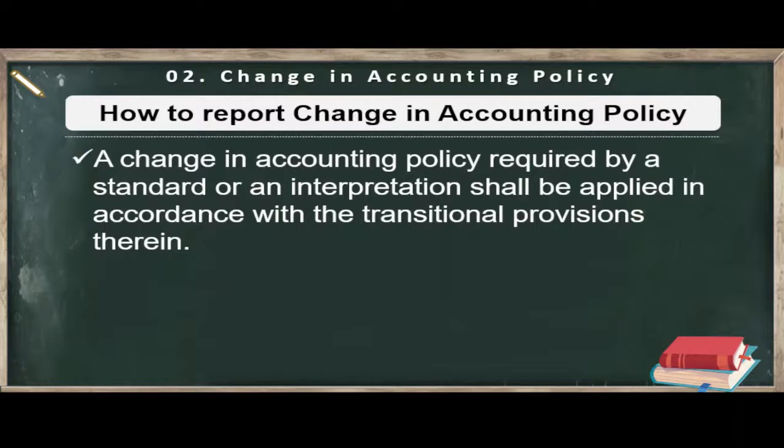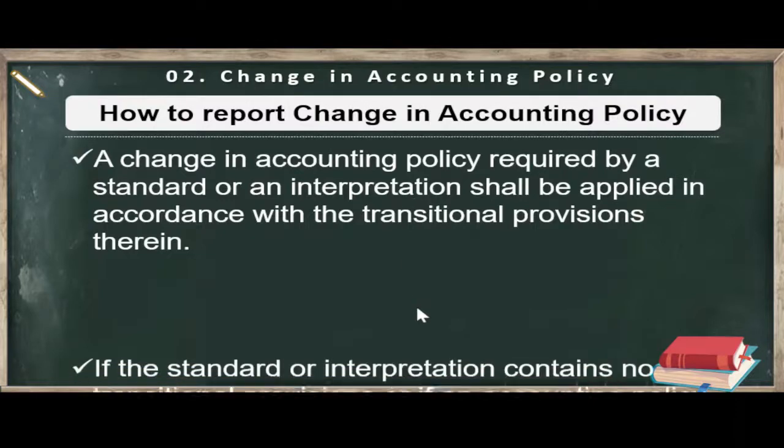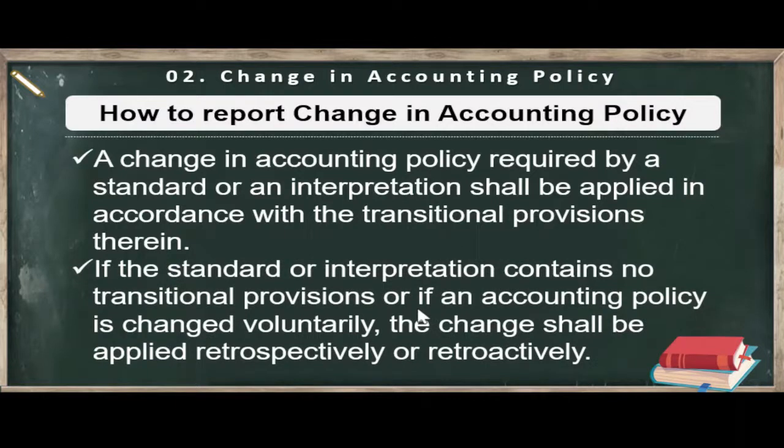So if the standard requires something to be done, you have to apply and carry it out before you change from one policy to another, and you have to follow it. So you have to take note first of the transitional provisions.